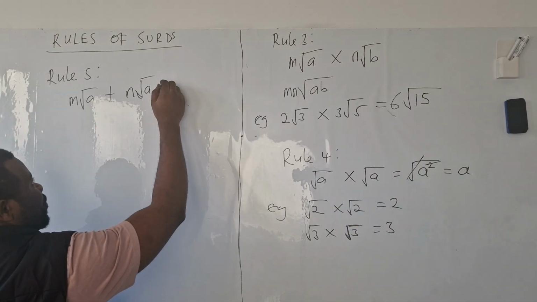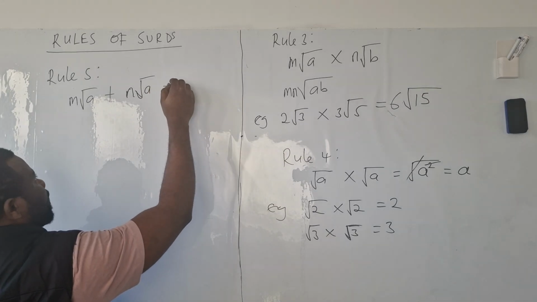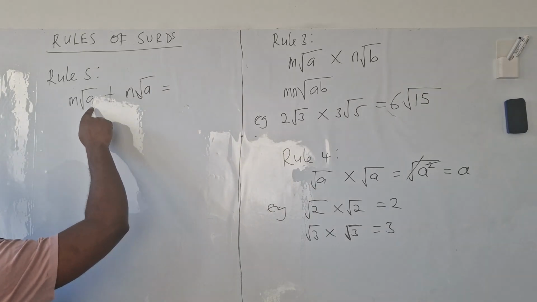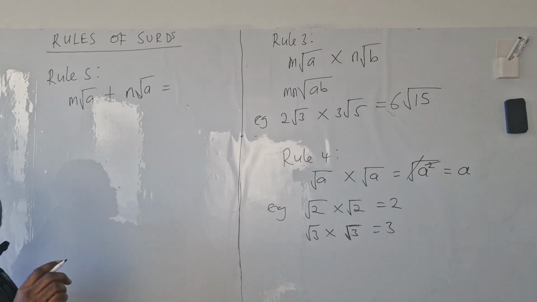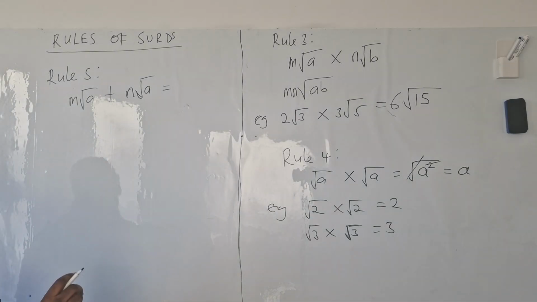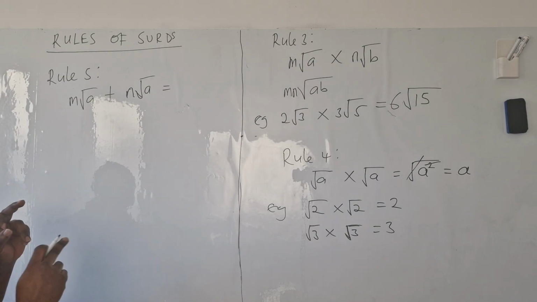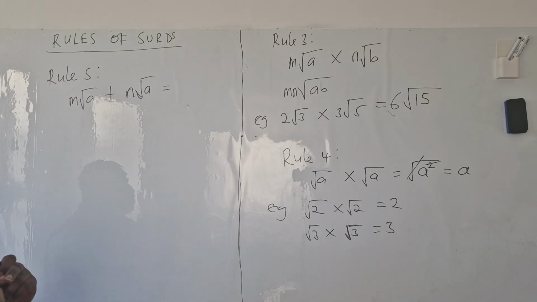And how do you add this together? This is equal to, we are going to take one of the like surds. We take the root together with the number inside it or under it. So take one of the like surds and add their coefficients together.